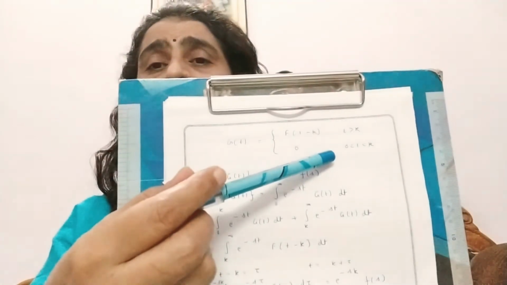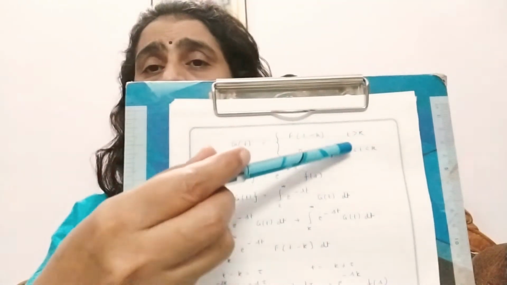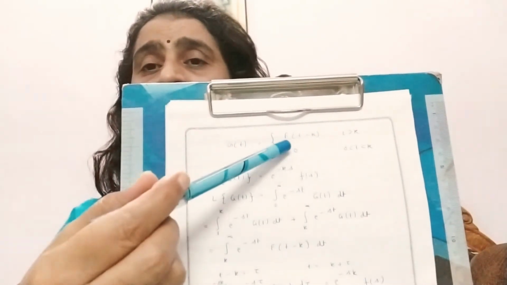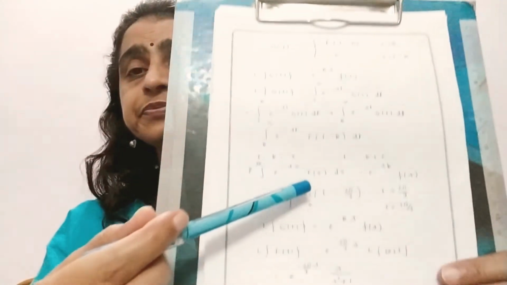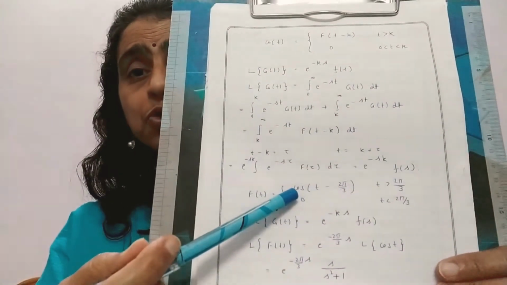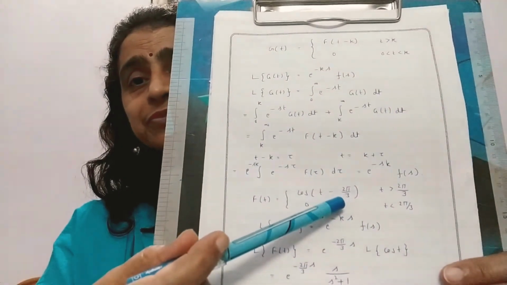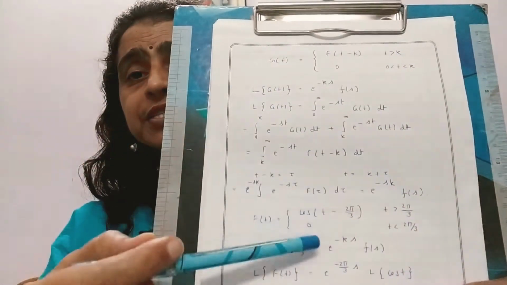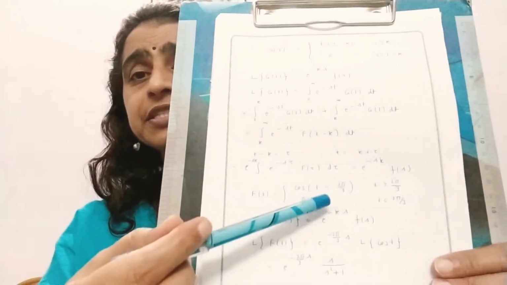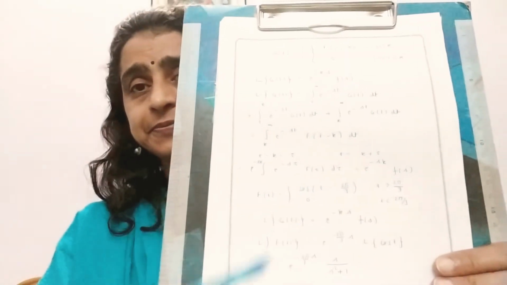So after comparing, we are getting the value of k, which is here also in f(t minus k), where the value here is cos of (t minus 2 pi by 3). So we can compare these two equations and we find that the value of k will be equal to 2 pi by 3.